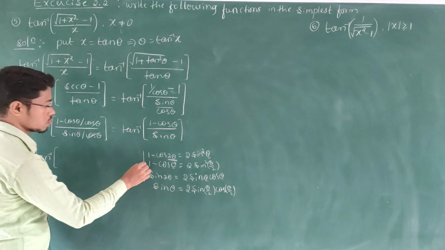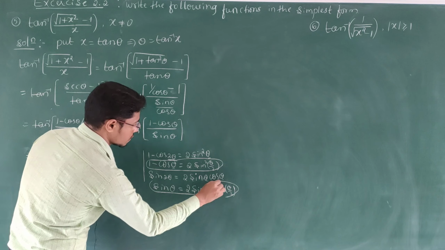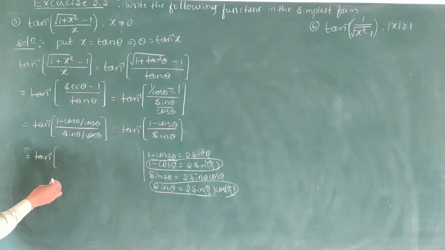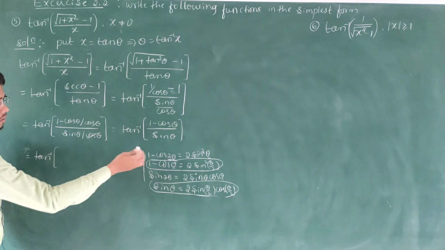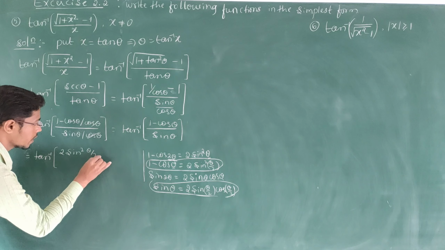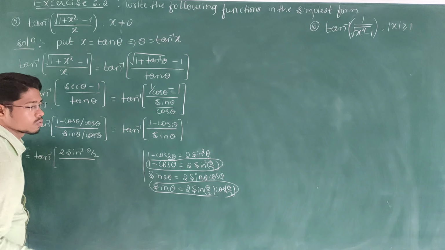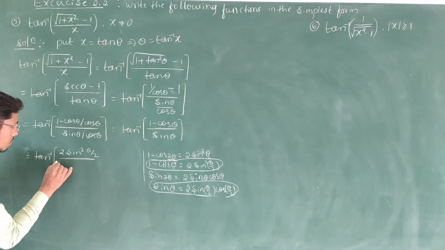Okay, I will use these two formulas here. Okay, 1 minus cos theta is 2 sin square theta by 2 divided by sin theta is 2 sin theta by 2 cos theta by 2.